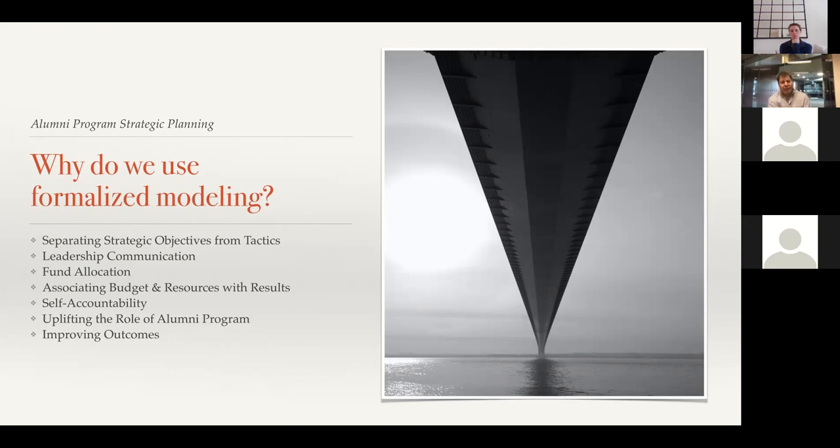That gets into fund allocation. If you can itemize where money is going and why, and you're measuring it and saying, okay, this is working, it makes it easier for them to associate budget and resources with results.